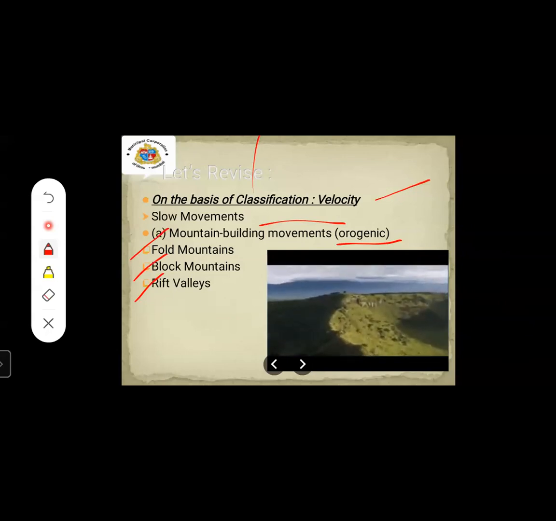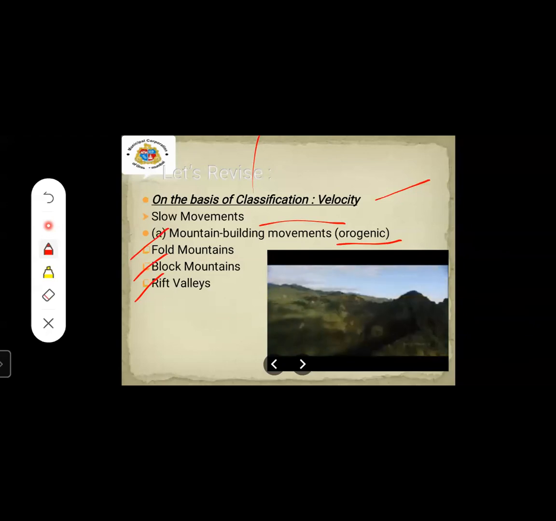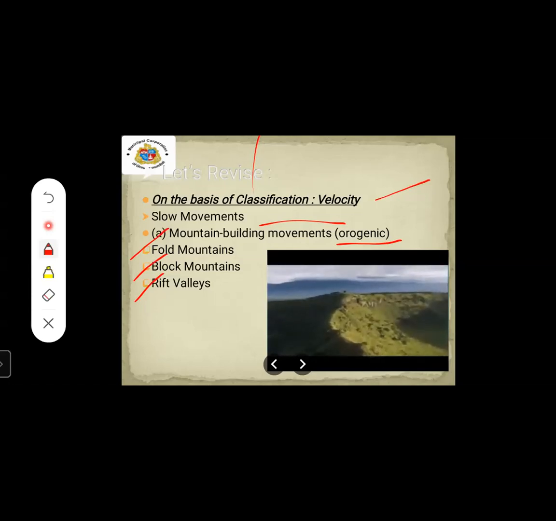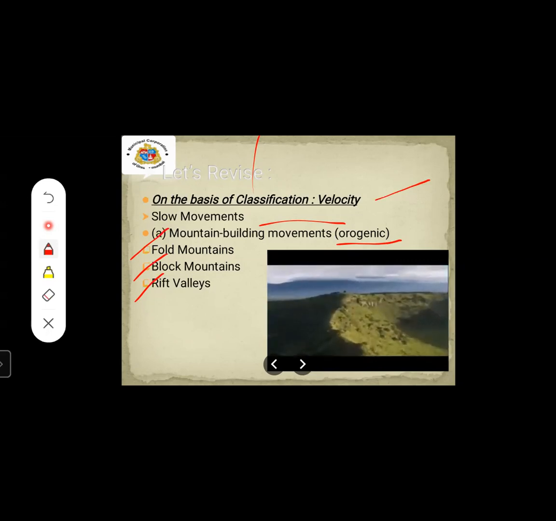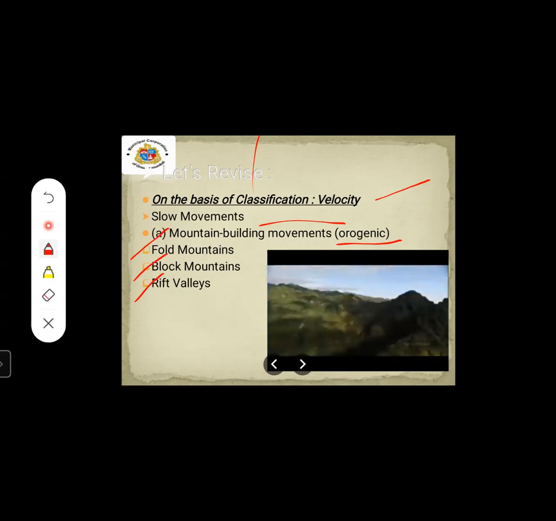We are still going to learn more. We are going to revise all the movements which occur in the interior of the Earth, so you have to keep this word in your mind. Then, which energy is being transferred from one place to another?